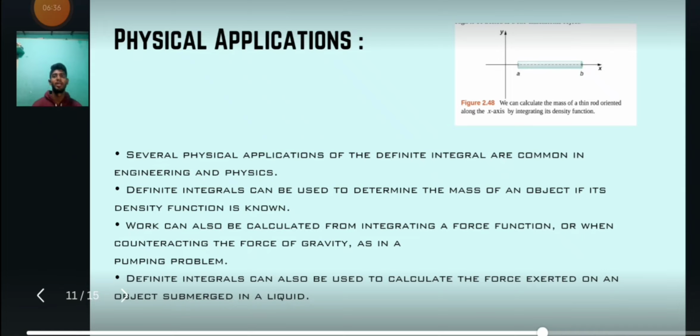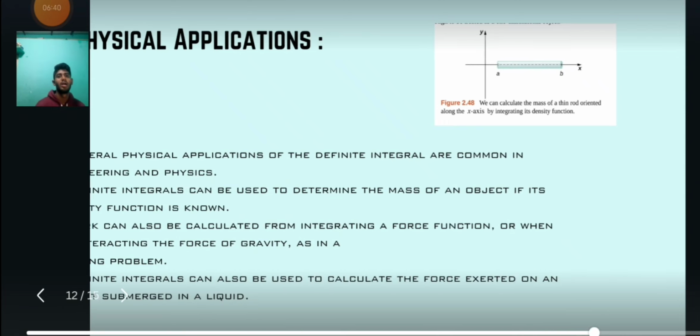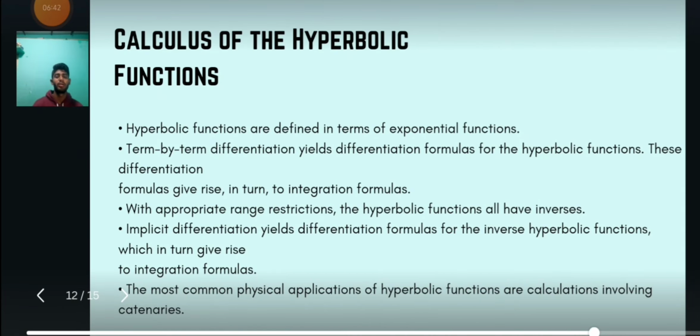Okay. So then next application, calculus of hyperbolic functions. Hyperbolic functions are defined in terms of exponential functions. Term by term differentiation yields differentiation formulas for hyperbolic functions. These differentiation formulas give rise in turn to integration formulas. With appropriate range restrictions, the hyperbolic functions all have inverses.